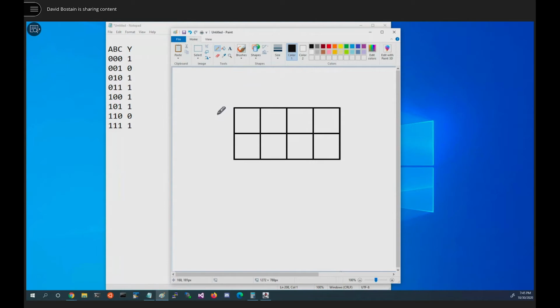What's the name of the top row? What am I going to write here? A, B, C, not A, Q. What am I going to write in front of this? Not A. Which means this guy will be A. Somebody else answer and tell me what the name of this first column is.